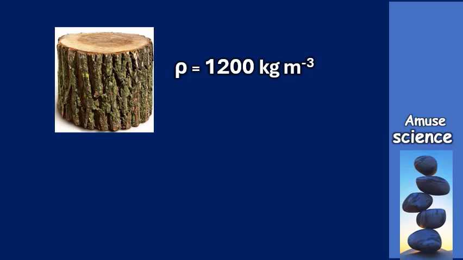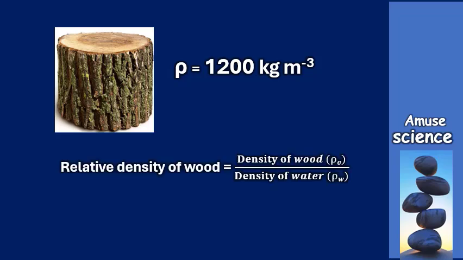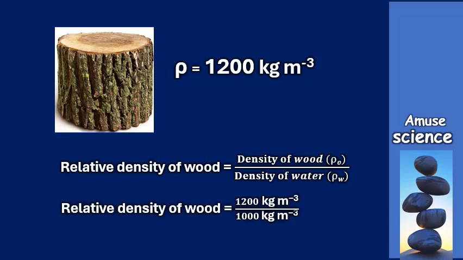So we can find the relative density of the wood, and it will be relative density of wood is equal to the density of wood over the density of water. Since we have the figures, let us substitute. We are going to have 1200 kilogram per cubic meters divided by 1000 kilogram per cubic meters, and we are going to get 1.2 as our answer.